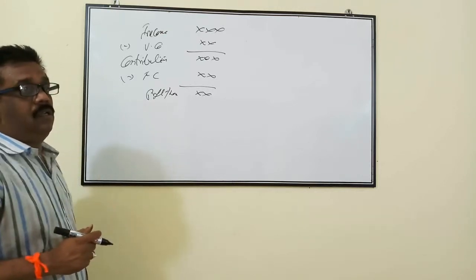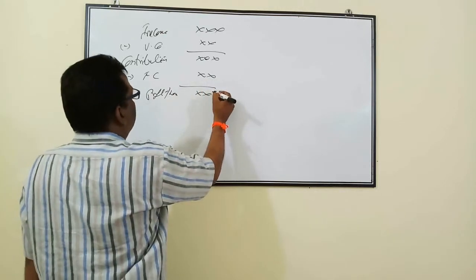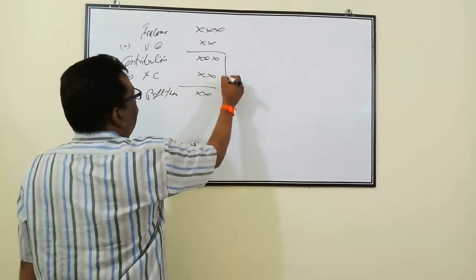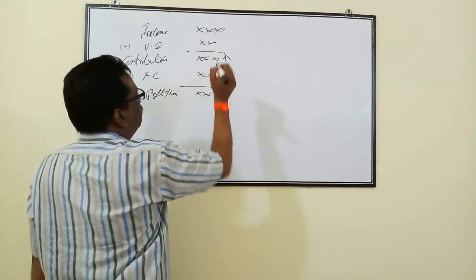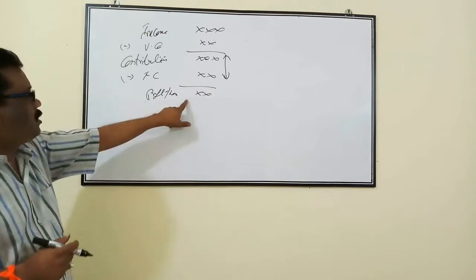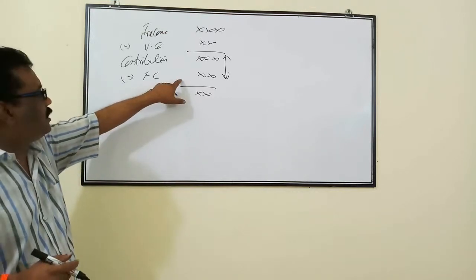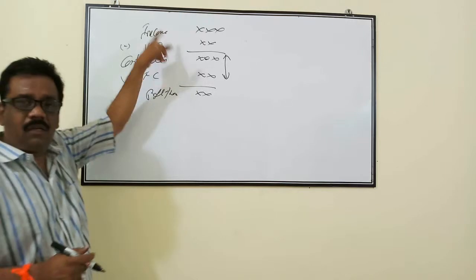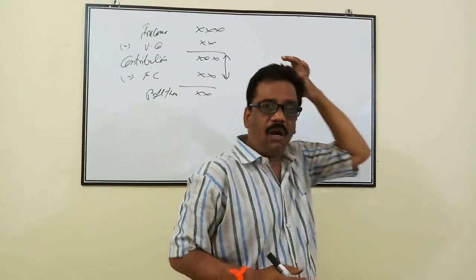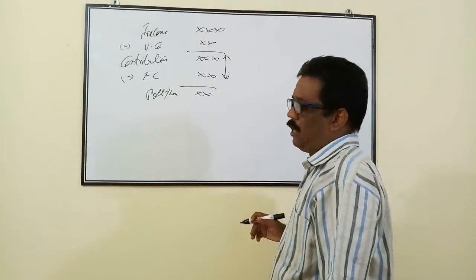So here, the contribution in relation to fixed cost determines the profit or loss. If the fixed cost is more than the contribution, you will get a loss, otherwise it is profit.